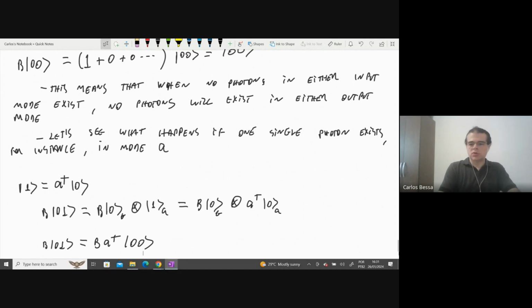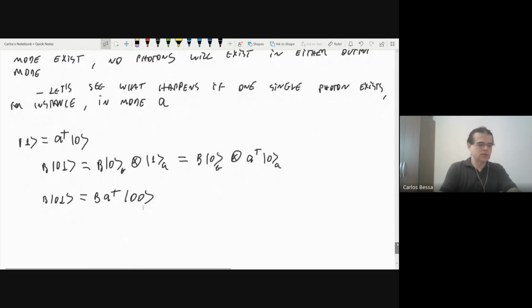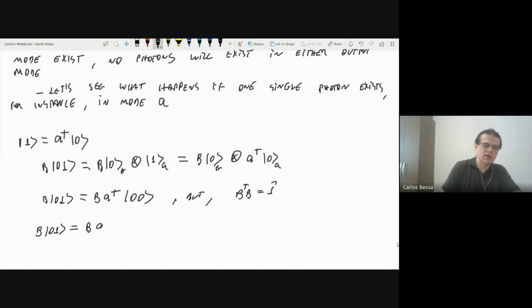But you could use here the fact that B is unitary. B B dagger is equal to 1. So if you do that, we could write this B01 as B, A dagger, B dagger, 00.